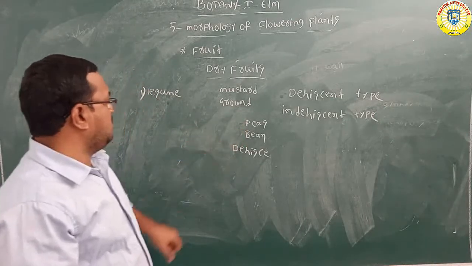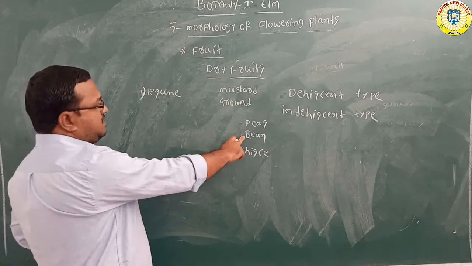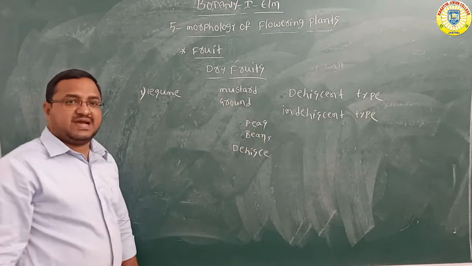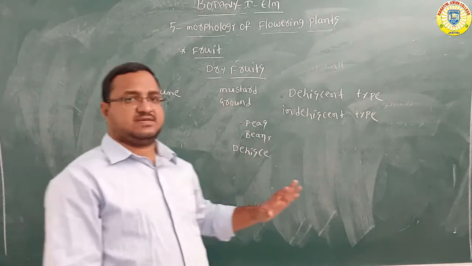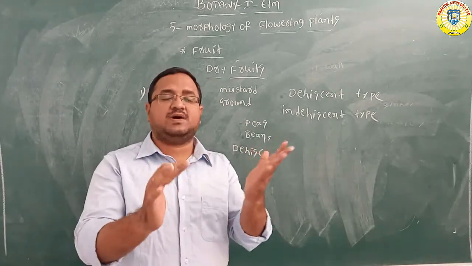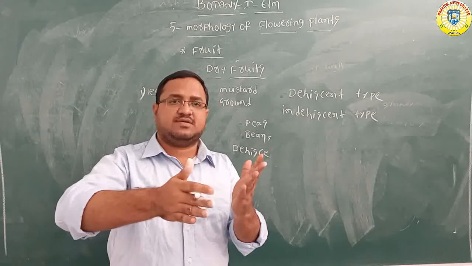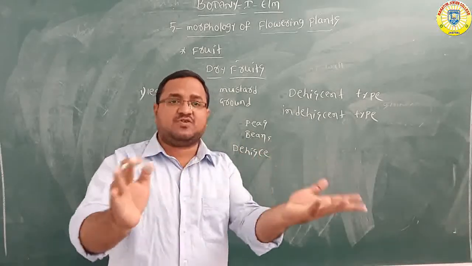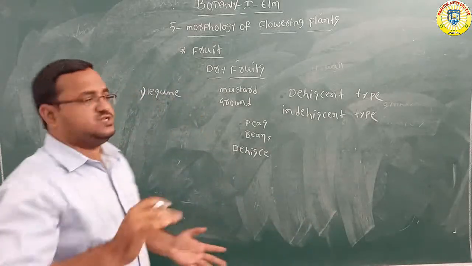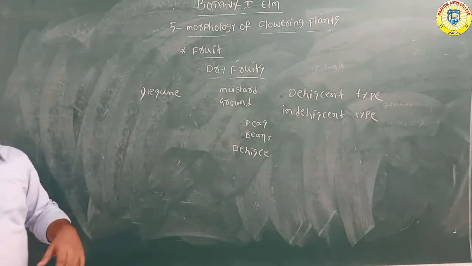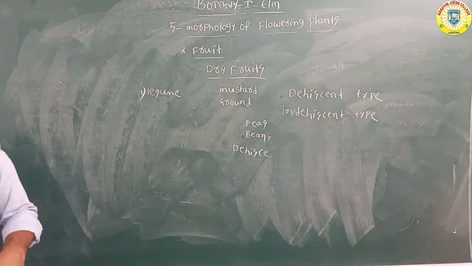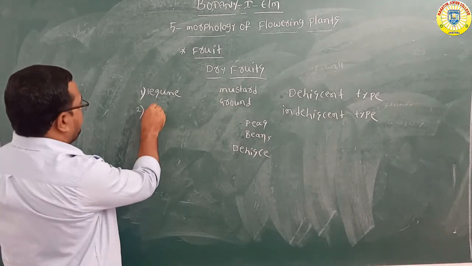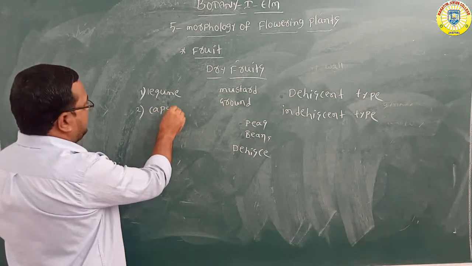Best examples are beans and peas. So that type of fruit is called legume.